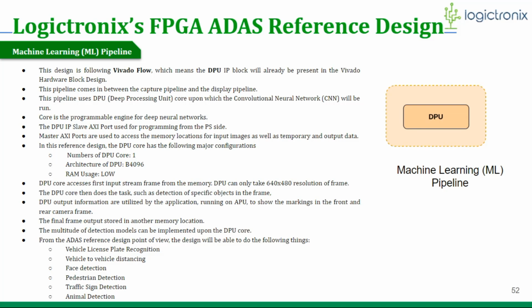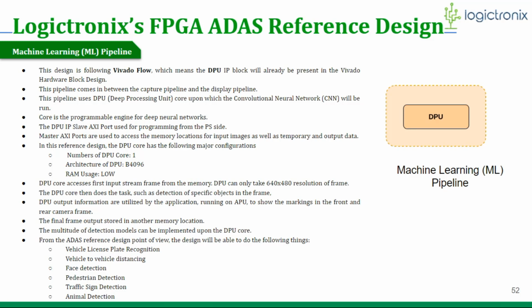processing unit, which is an IP core upon which the convolutional neural network, or CNN, will be run. This core is a programmable engine for deep neural networks. It is pre-implemented on the hardware with no place and route required.